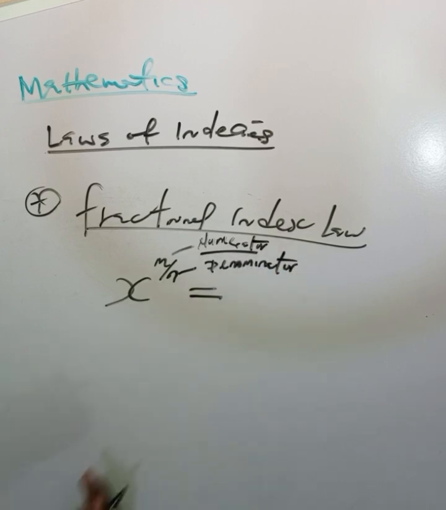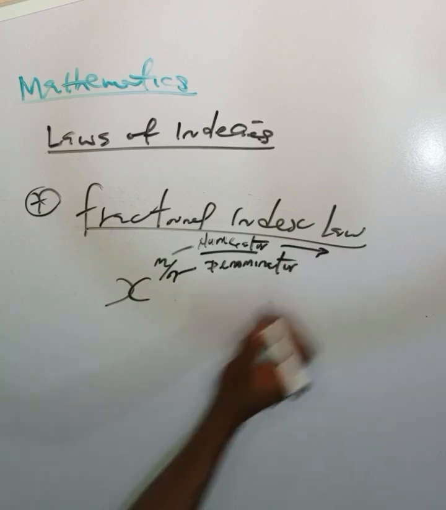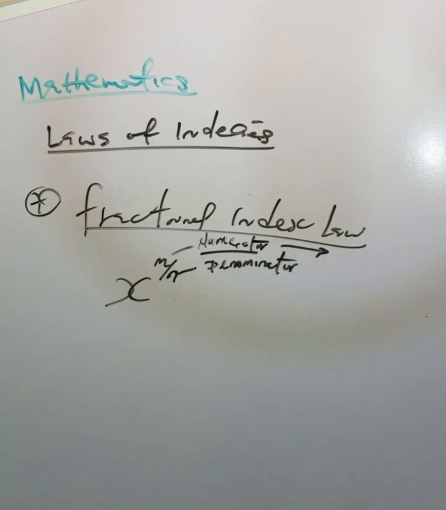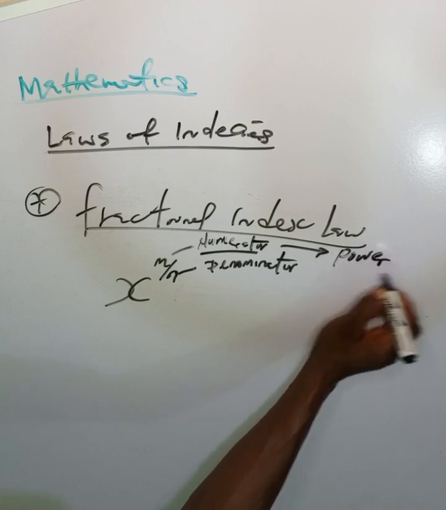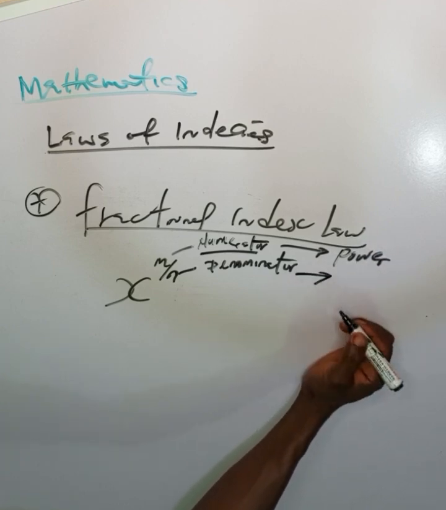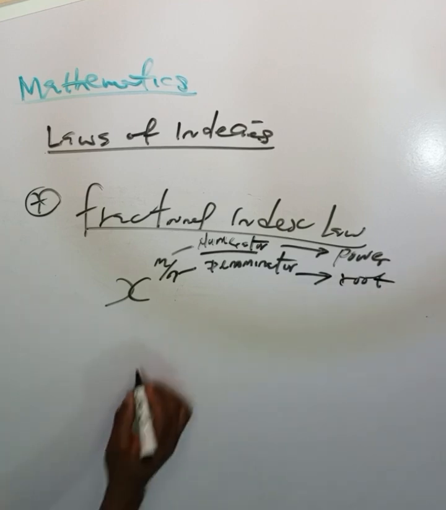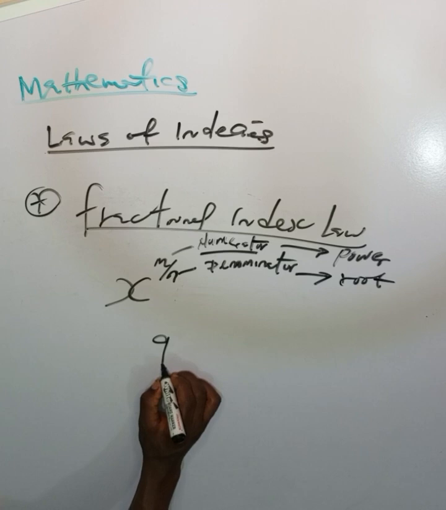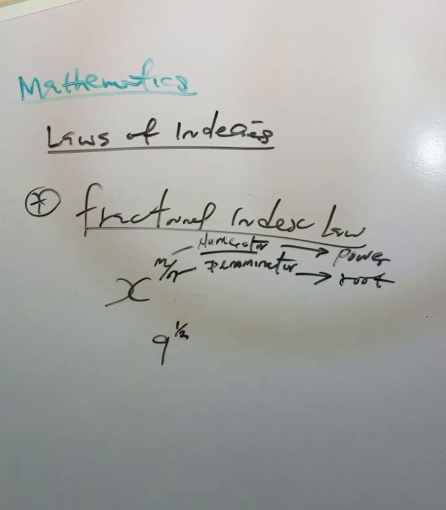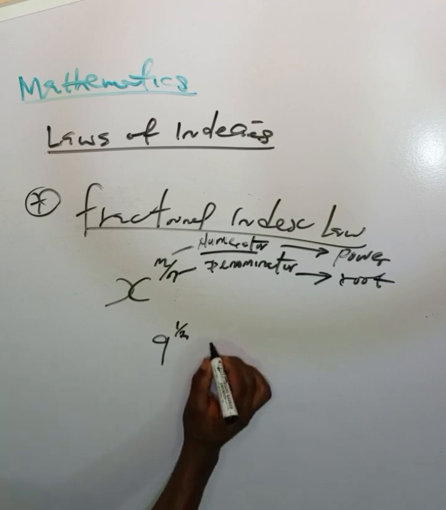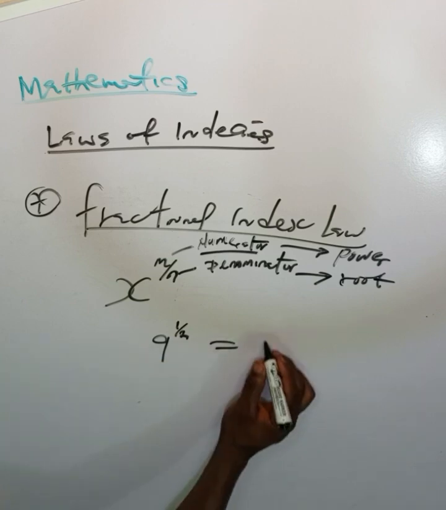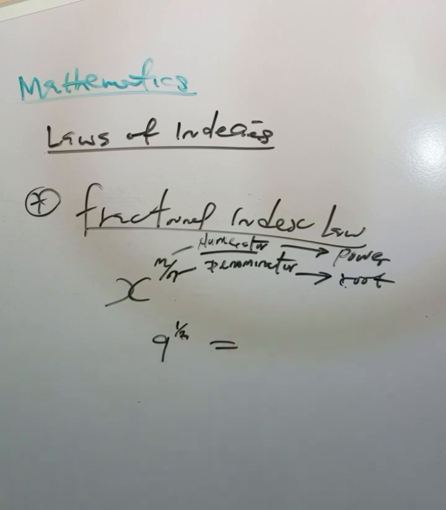So in solving, the numerator becomes the power, while the denominator becomes the root. For example, if I have 9 raised to power 1 over 2, 9 is the number, 2 becomes the root of this number.